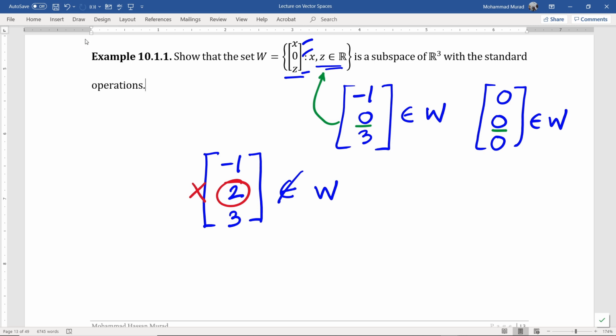So W doesn't contain all the vectors in R3. It's a proper subset of R3. We want to show that W is a subspace of the vector space R3. Let's have a look at the solution of this problem.